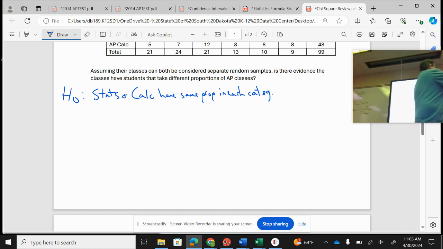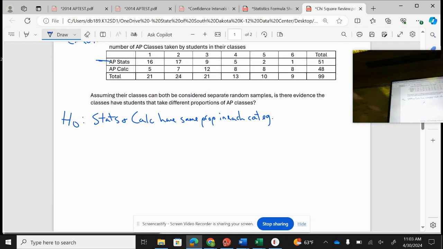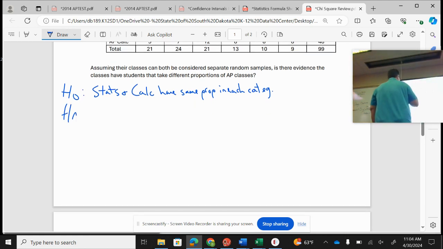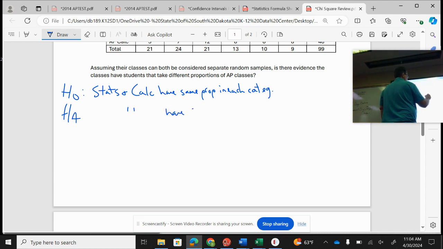It doesn't mean that they're all the same proportions. For instance, maybe the proportion of 1 is supposed to be 20%, but then it'd be 20% for both, 30% twos, something like that, whatever it might be. But the alternative, that stats and calc have different proportions in some categories.